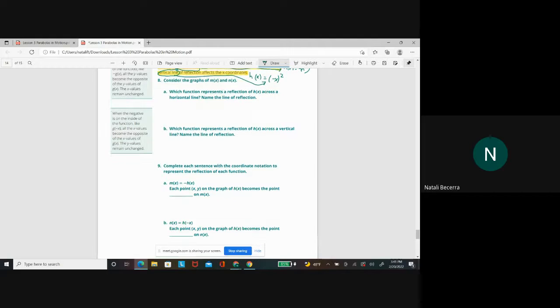So we're almost done. Which function represents a reflection of h of x across a horizontal line? So right here it's going to be m of x reflects over, what axis was it? M of x was the y-axis.